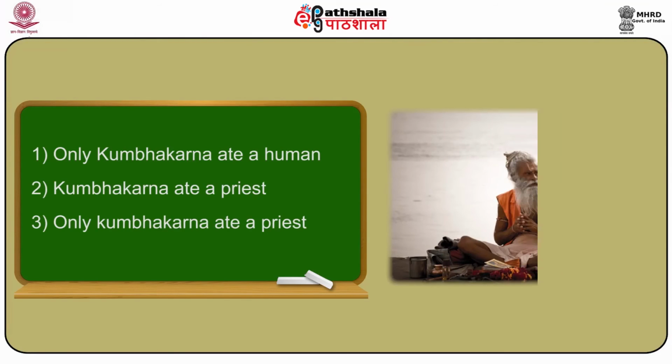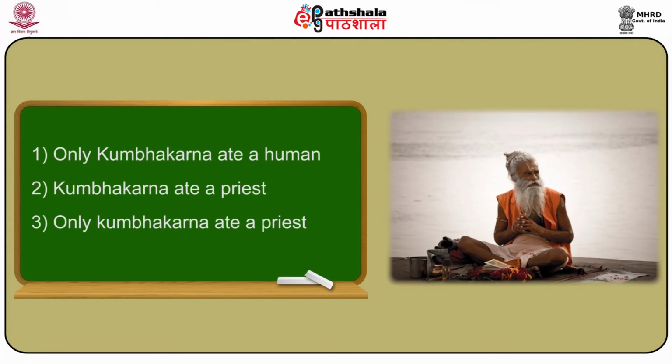So let us look at the following example. Only Kumbhakarna ate a human. Kumbhakarna ate a priest. Only Kumbhakarna ate a priest. Now, when you say only Kumbhakarna ate a human, that carries the presupposition that Kumbhakarna in fact ate a human. You will only consider those circumstances where Kumbhakarna in fact ate a human.